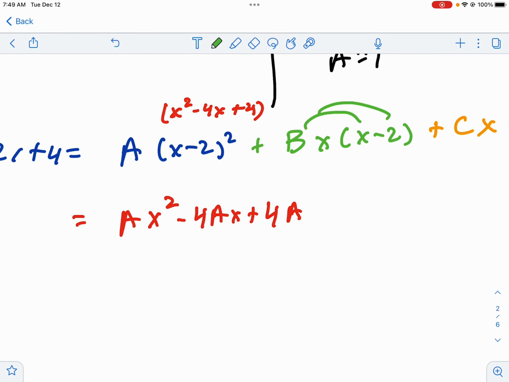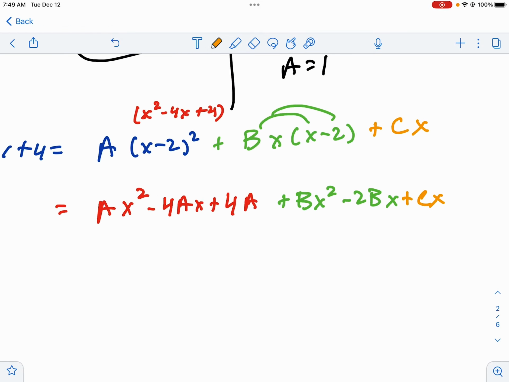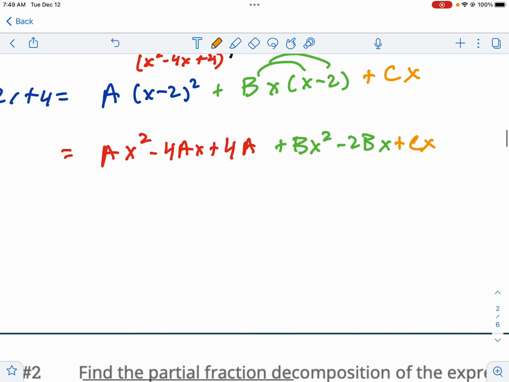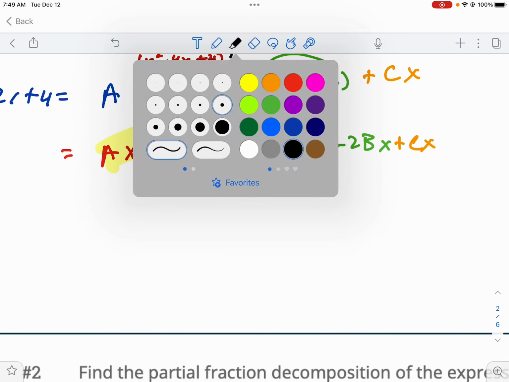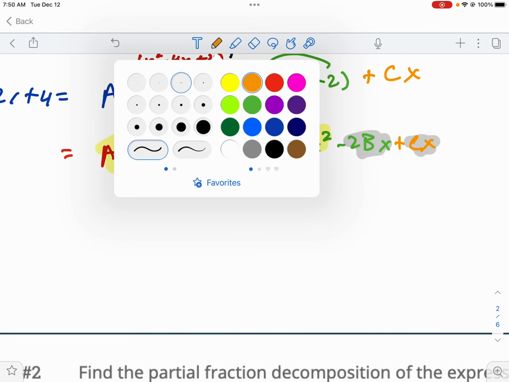Over here, I have bx squared minus 2bx. And I have my plus cx. Combine like terms. So I can put these two together. I can put this one and this one together because they all have an x. And then the 4a is by itself.